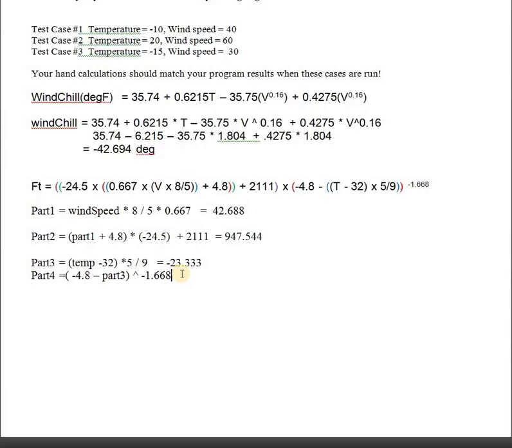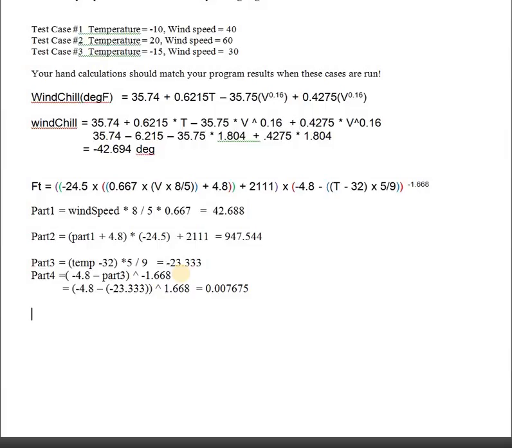So that is going to be minus 4.8 minus part 3, which is minus 23.333, to the 1.668 power, which is going to be equal to 0.007675.